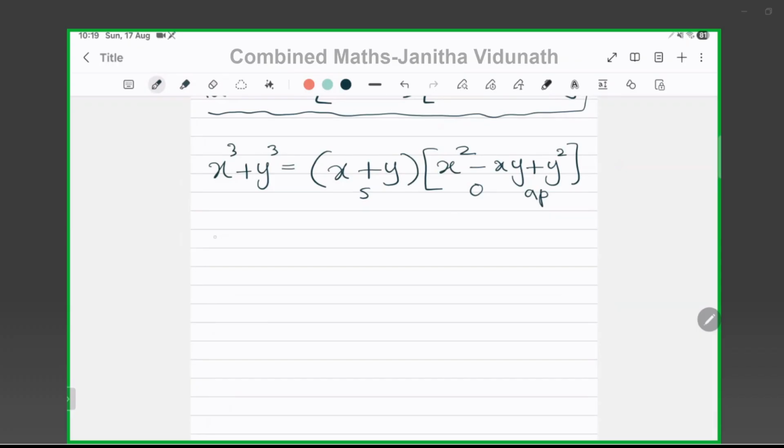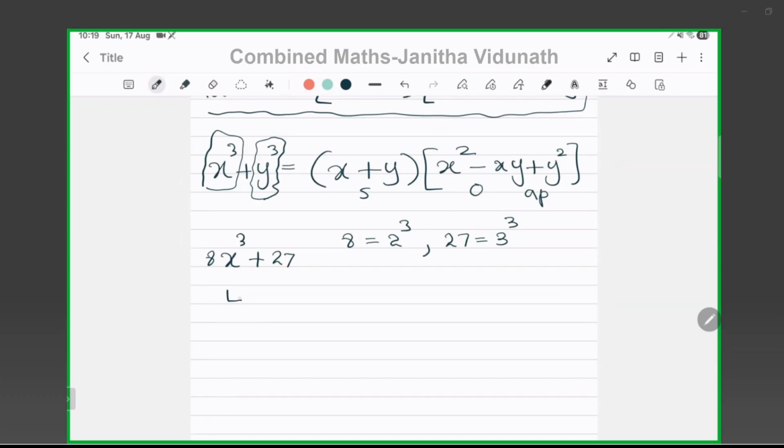Now we take another example. 8 times x cube plus 27. Here we need to write the first term as a whole cube and the second term as a whole cube. Here 8 is 2 to the power 3 and 27 is 3 to the power 3.